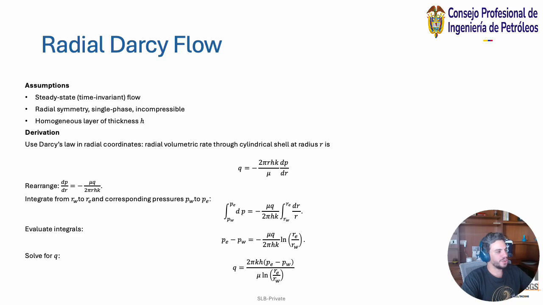So let's go through the actual derivation. First, we must ensure our assumptions are correct. This is a basic form. This is not really what's applied in the real world, but it is the first stepping stone to getting there. We're assuming that this is a steady state flow, so there are no impediments, there is radial symmetry, and it's single phase and incompressible.